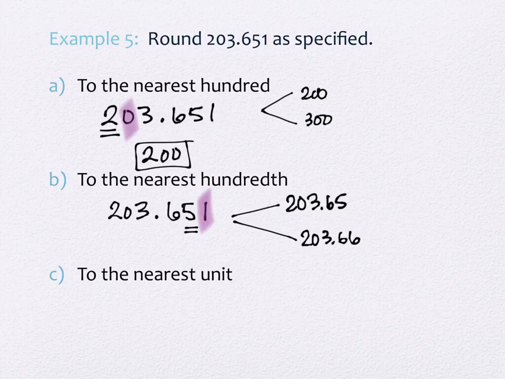The 1 tells me that I'm going to give which of those two answers? The first one, the 6-5 one. Right, so this one right here is going to be my answer because the 1 rounds down or rounds off.